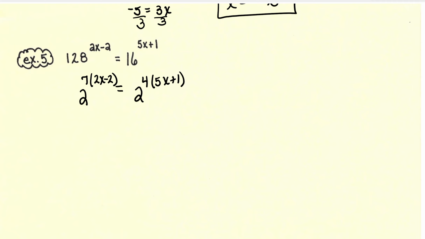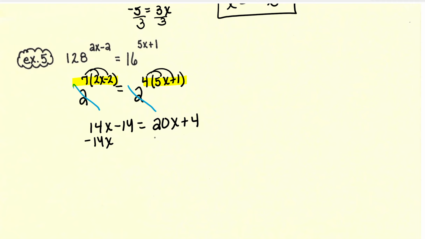Okay, now that I have those same bases, let's drop them and set the exponents equal and have a nice equation to solve. So that will be 14x minus 14 when I distribute those through, and then I'll distribute here and have 20x plus 4. I'm going to subtract my 14x over.